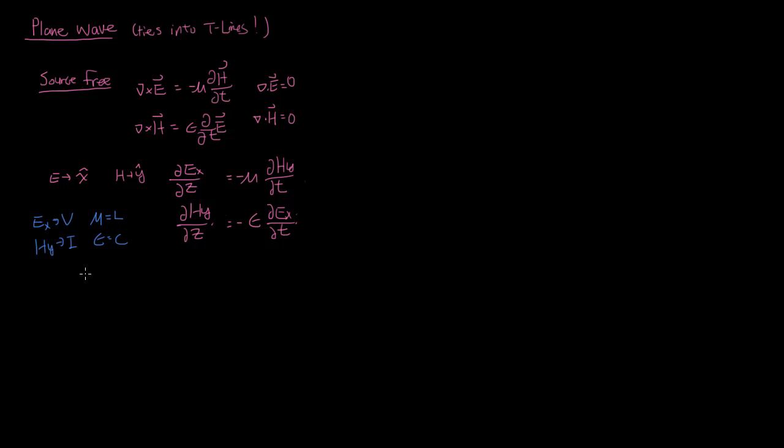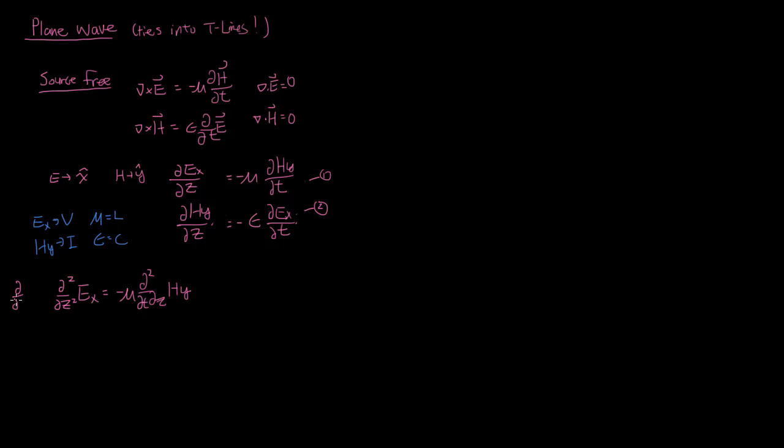So let's remember how we ended up with the telegrapher's equations, which was how we found this form of the solutions for the transmission line model. First of all, if we call these equation 1 and equation 2, and I take equation 1 and take a derivative with respect to z, I get the second derivative with respect to z of Ex equal to minus mu d/dt d/dz of Hy.